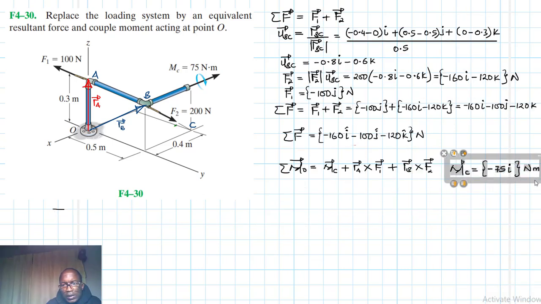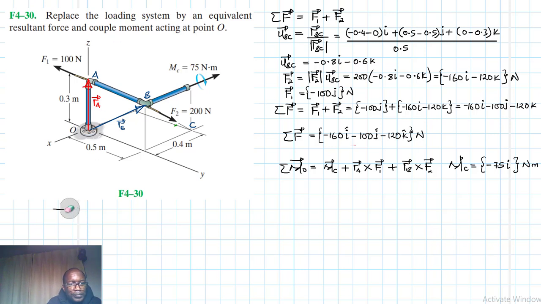Alright, I just want to put it somewhere here. So that we have this moment vector. So we have everything. We have this component here, then we have the force 1, which is here.